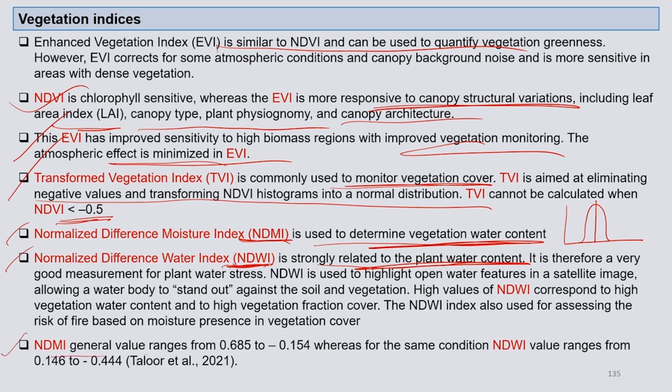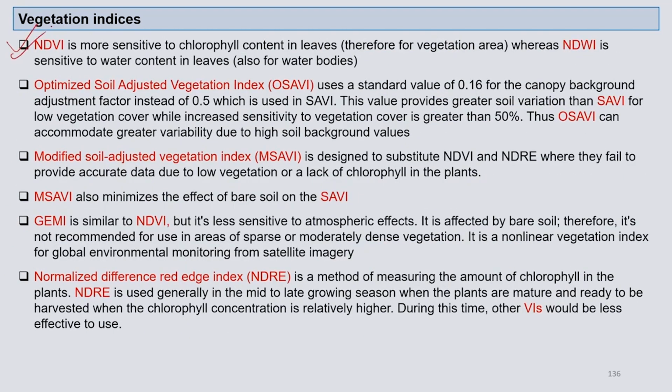NDMI moisture index general value ranges from 0.685 to 0.154, whereas for the same condition NDWI value ranges from 0.146 to 0.444. Okay. Then NDVI is more sensitive to chlorophyll content in the leaves, whereas NDWI is sensitive to the water content in the leaves, and that is why if a plant is running out of water, NDWI will be a better index.